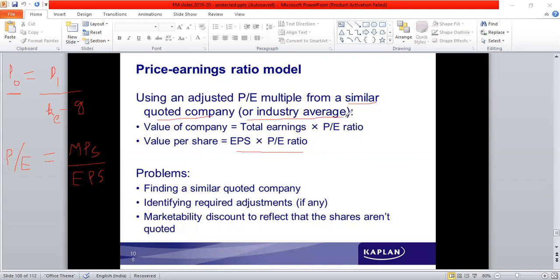So take the adjusted price earnings multiple and apply it to the present company and find out the value of the company. Value of the company is earnings per share into the price earnings ratio. So the value of the company is calculated based on the earnings of the company.